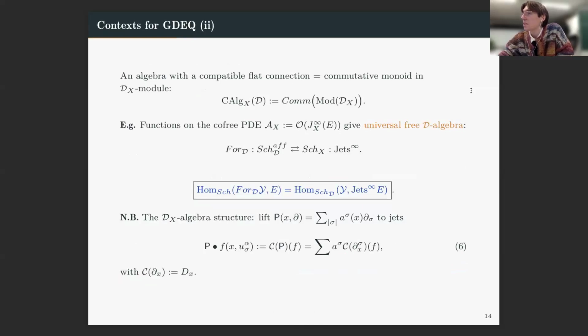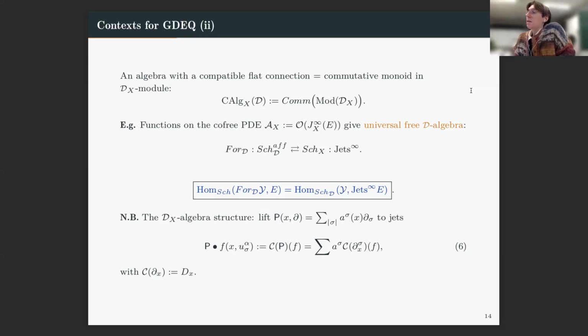But the key point of all of this is that the underlying object that is wanting to be preserved is really the solutions, which are these integral submanifolds. And so everything should be cooked up so that it respects this distribution, this Cartan distribution. And so if you view the structure sheaf of, let's say, the infinite jet bundle, or any of the objects that we just talked about, as an algebra with the action of the sheaf of differential operators, it's a commutative D algebra.